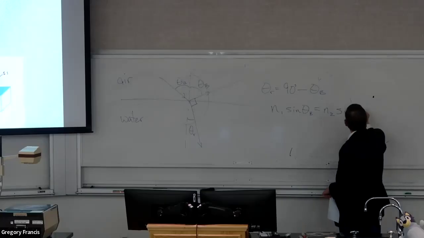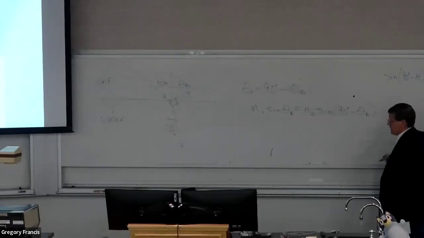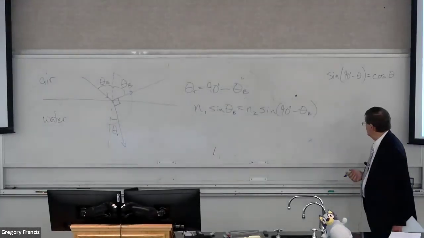Well, that's going to be 90 degrees minus the Brewster angle. Well, you probably learned in your trig class that the sine of 90 degrees minus some angle is equal to the cosine of that angle. And you can test that out, okay?